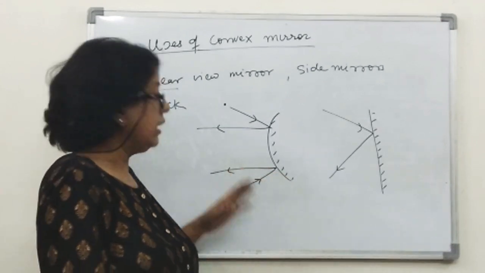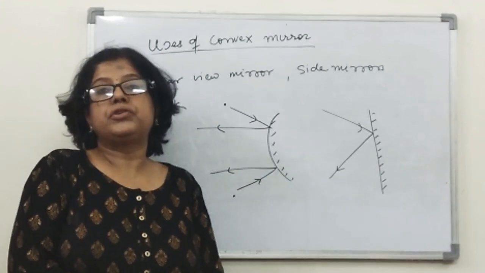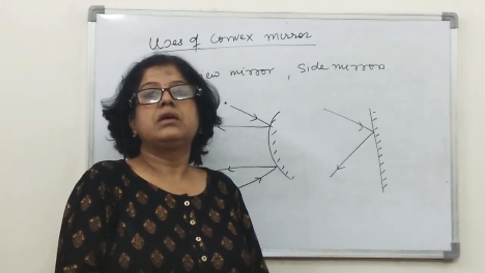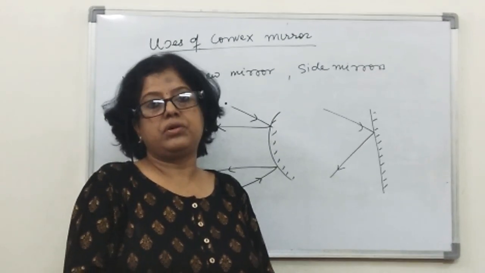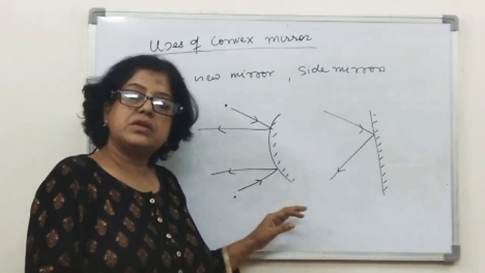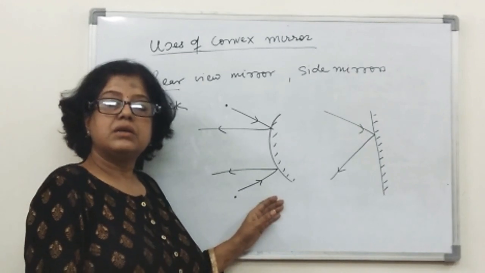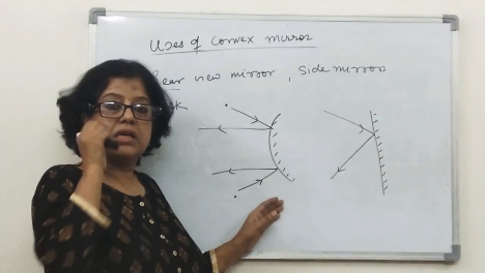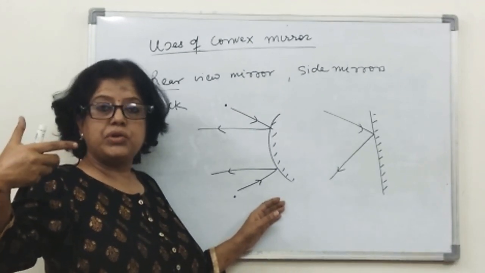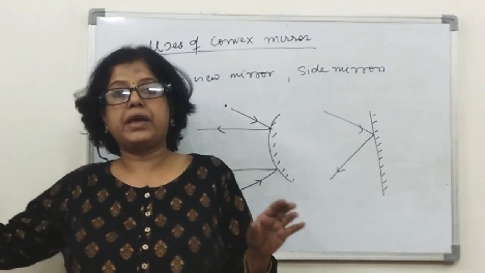Now, if you have seen on the rear view mirrors, there's a statement usually written that objects are closer than they appear. Now, why is it written so? You know that a convex mirror gives us virtual, erect and smaller images. So when we see a small image in a rear view mirror, to us it appears that the object is far away.